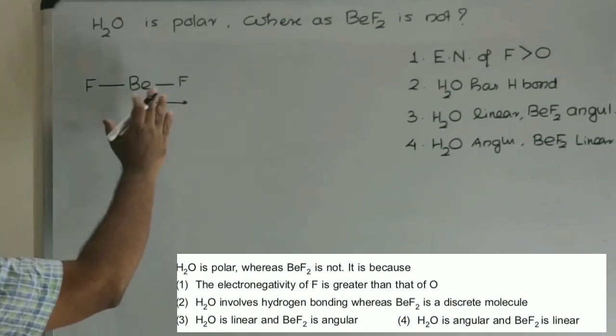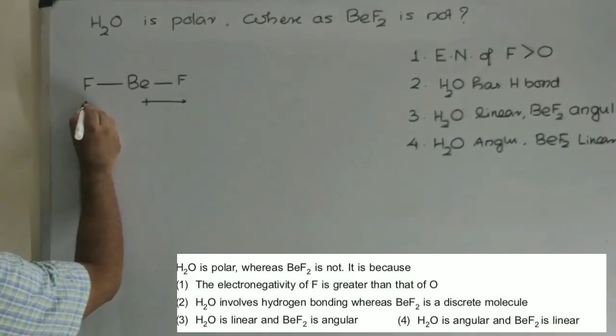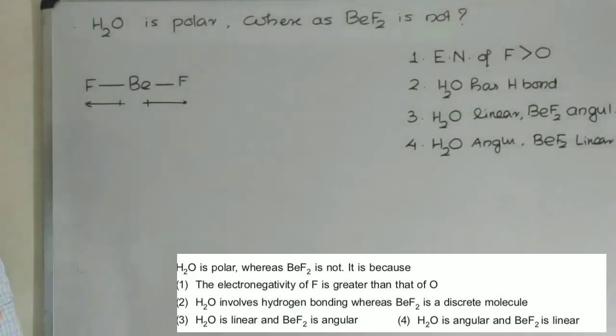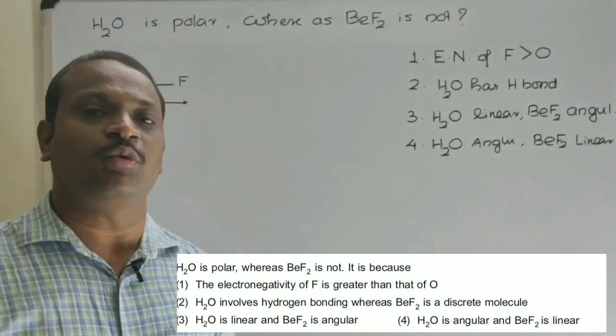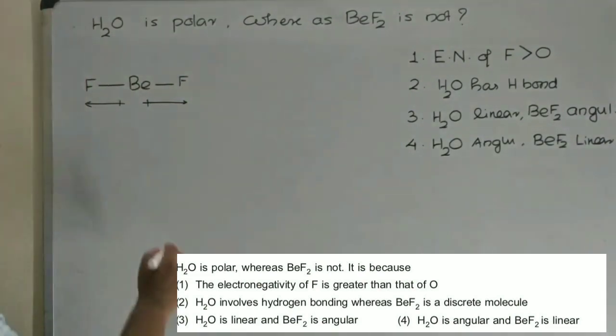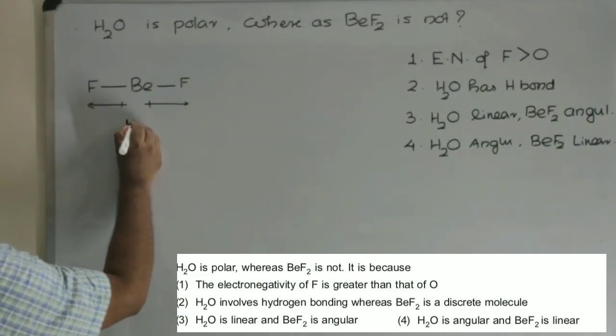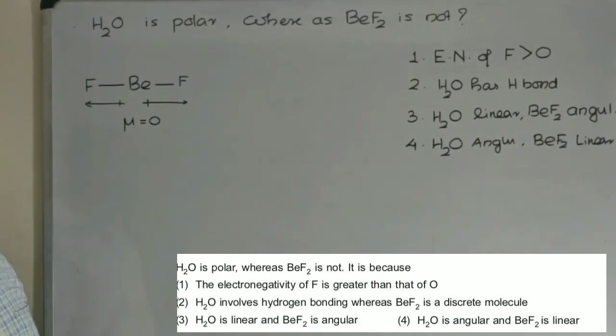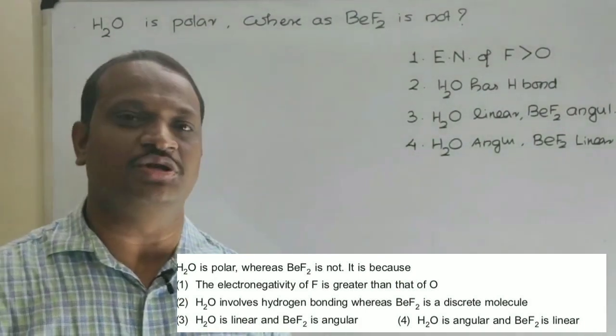So dipole is in that direction. Here, the same extent of dipole in the opposite direction. In that way, these two dipoles are getting cancelled by each other. So you can say that dipole moment mu equals 0. So in the first case, dipole moment mu equals 0.